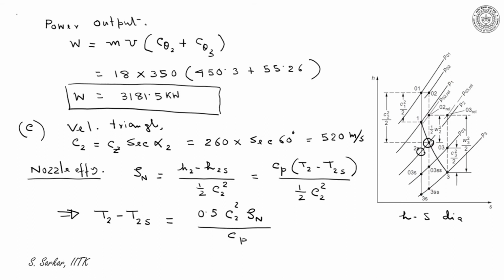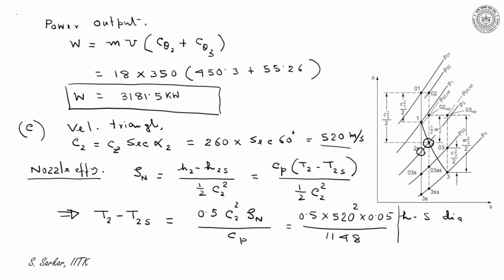Put all the values, that is 0.5, C2 I have evaluated as 520, and zeta n as given is 0.05, divided by 1148.